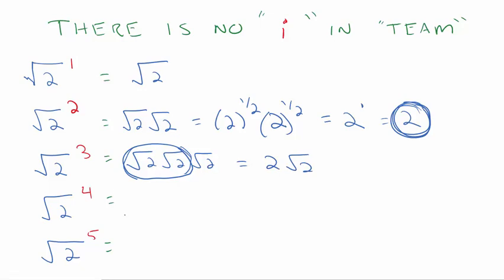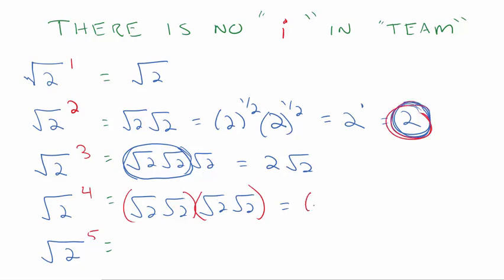And the next one is square root of 2 times square root of 2 times square root of 2 times square root of 2. We know that each pair of square root of 2 times square root of 2 equals 2, so that's 2 times 2, and this equals 4.